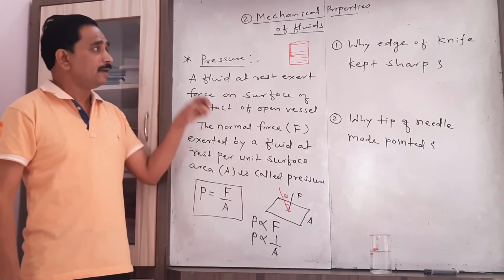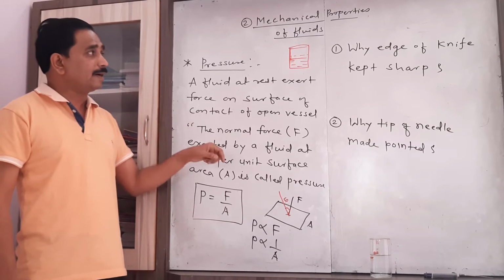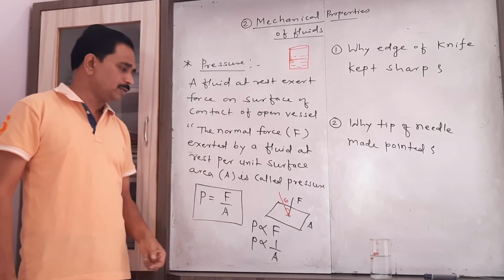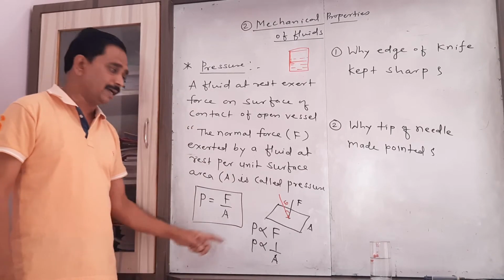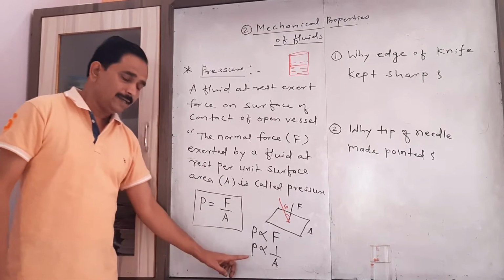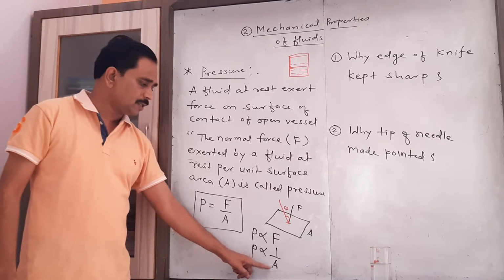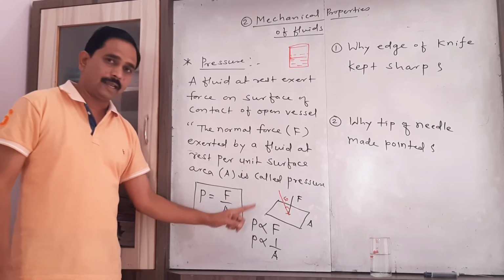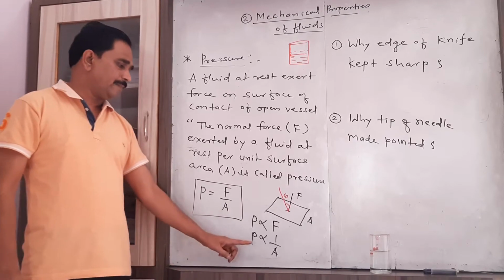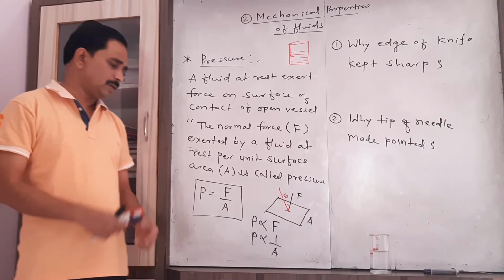Whatever liquid is taken in a container, if that liquid exerts a greater force, then we can say greater pressure is exerted by that liquid. And pressure is inversely proportional to the area.